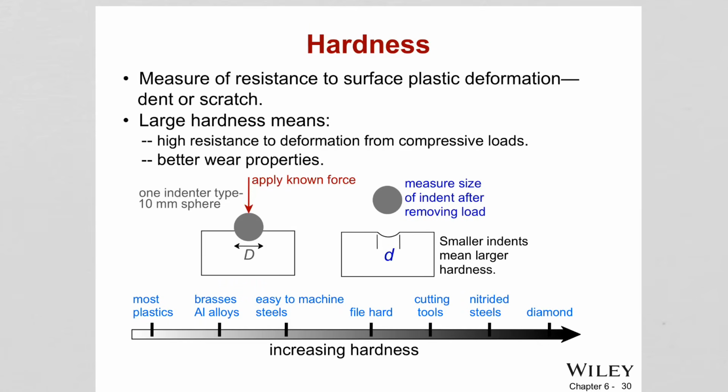It is very related to the strength of the material, so usually strength and hardness are correlated. Large hardness means the material surface will resist deformation from compressive loads, and it will have better wear properties. So if a material is hard, it has better wear properties.